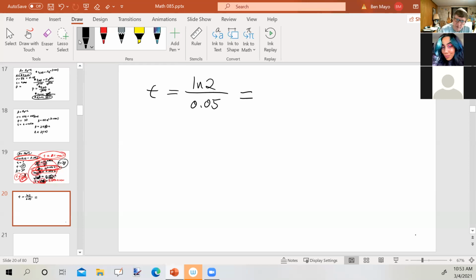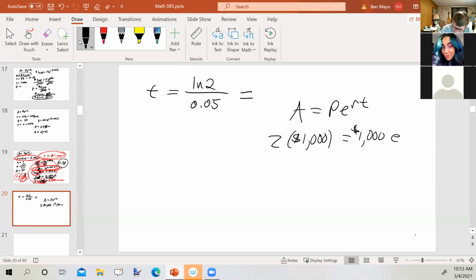Because if we go back and do it the long way, A equals P e to the rt, we get 2 times $1,000 equals $1,000 times e to the 0.05 t. We divide both sides by $1,000 and get 2 equals e to the 0.05 t.